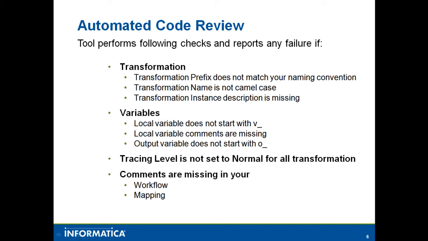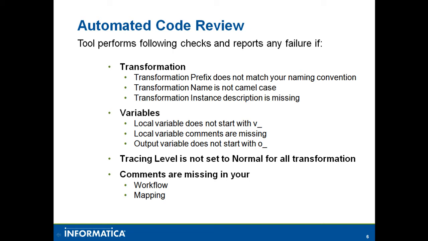It will report failure in a nice HTML report if your transformation prefix does not match your naming convention, if your transformation name is not camel case, or if the description is missing from your transformation. Similarly, for variables, it will make sure your local variable starts with v underscore, and if it does not start with the v underscore prefix, it will get reported in your final report. These are some of the other checks that it will perform on your variables.